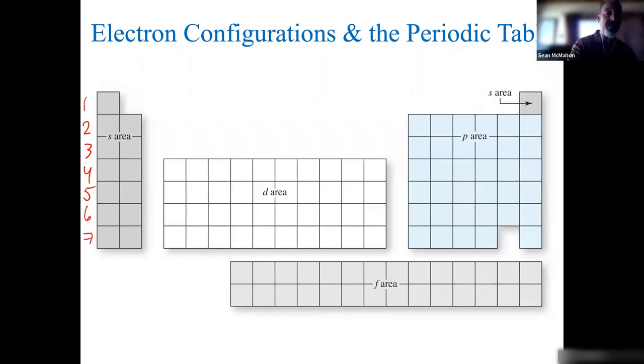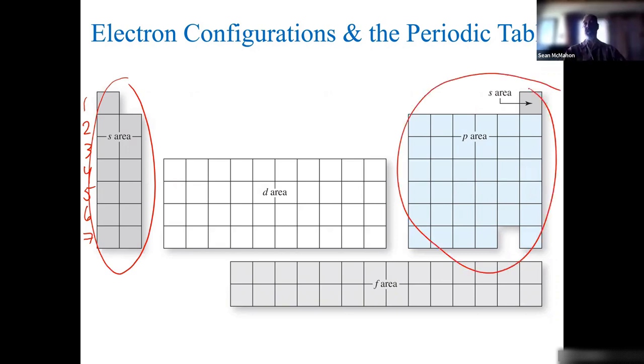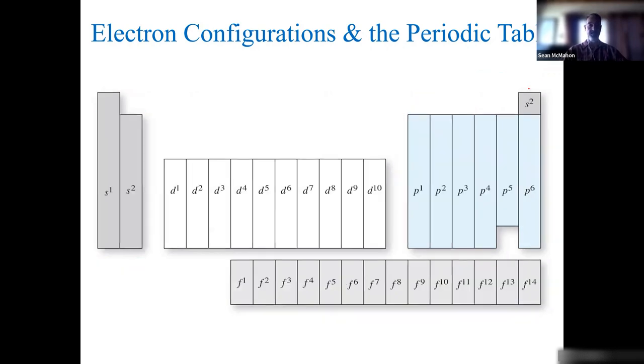And then I can use the areas in the periodic table to tell me what sublevel they're located in. So if I'm in the first column, my last electron is an s1. So it's in sublevel s, it's 1 electron in there. If I'm in the second column, the last electron is in an s sublevel, but it's the second electron.